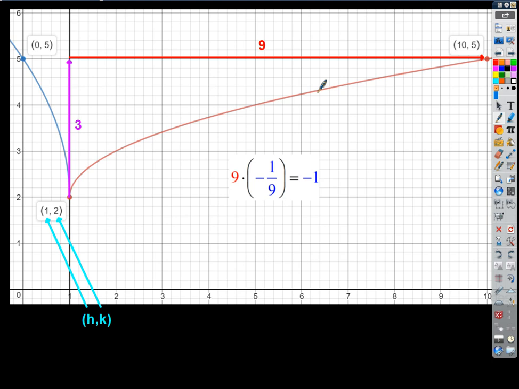Over 4 is gonna give us a fraction, but over 9 and up 3 from the initial point works great, right? So instead of having a vertical distance of 3 and a horizontal distance of 9, we're gonna multiply that 9 by -1/9 and instead get -1.